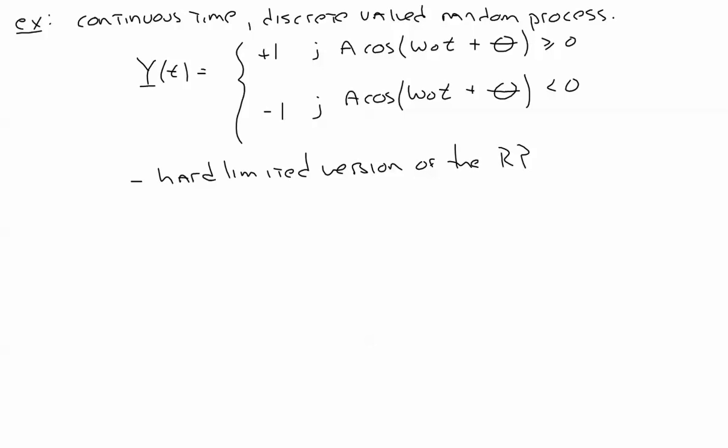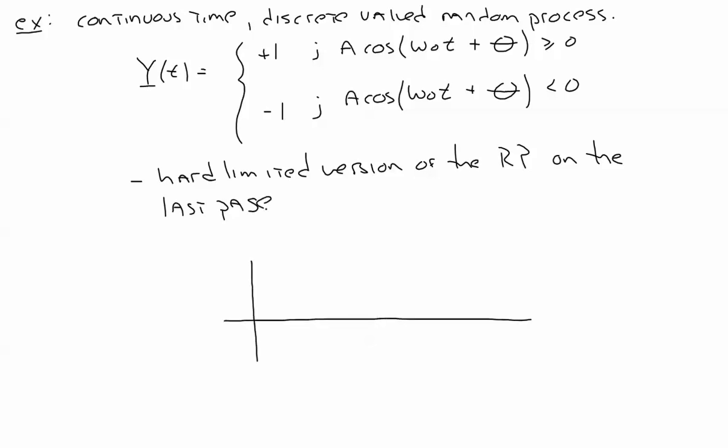RP, random process. When we were talking about random variables, I used capital RV. Now let's talk about capital RP, random process. So Y of t here is a hard limited version of the random process on the last page. So a sample function here might look something like this.